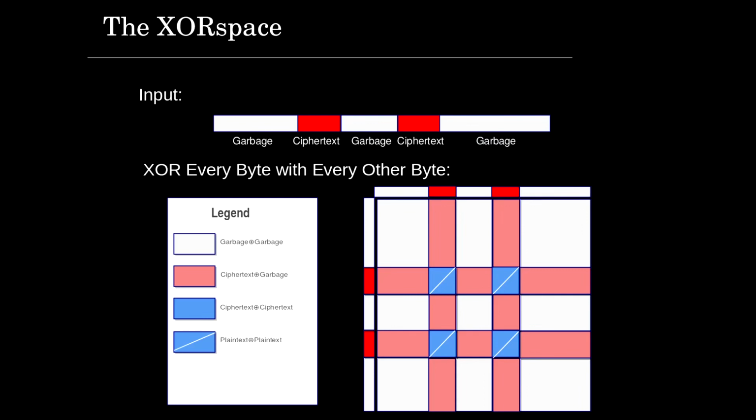And if we XOR every byte with every other byte, somewhere in here is the first byte of this ciphertext XORed with the first byte of this ciphertext. Why do we care? Because of the phenomenon that we saw earlier. If we XOR the first byte of the 2 ciphertexts, the key byte cancels itself out. And the same applies if we XOR the second bytes of the 2 ciphertexts.